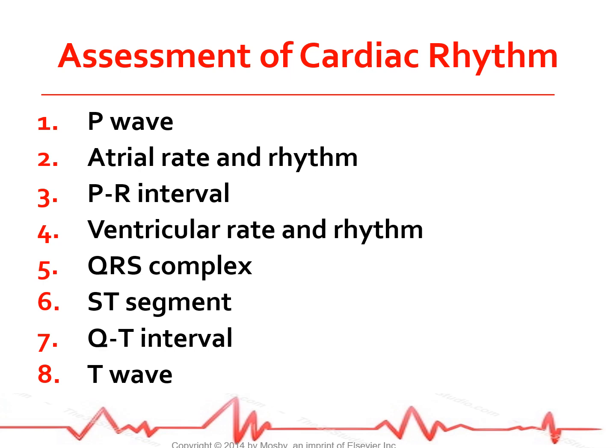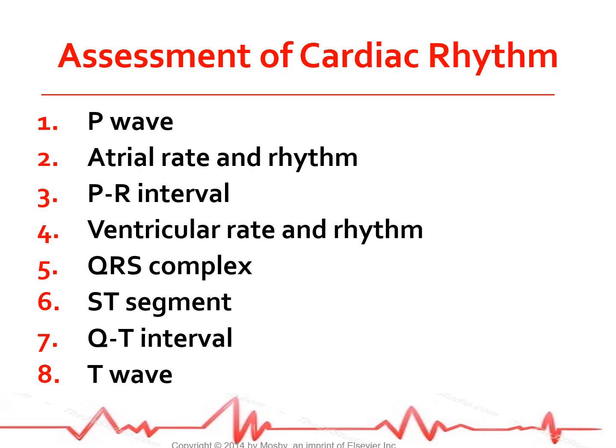We also want to make sure that it's monomorphic, which means it pretty much looks the same every time there's a P wave. So one's not super large and the other one's just a little baby P wave. They should be of the same shape and size in general.